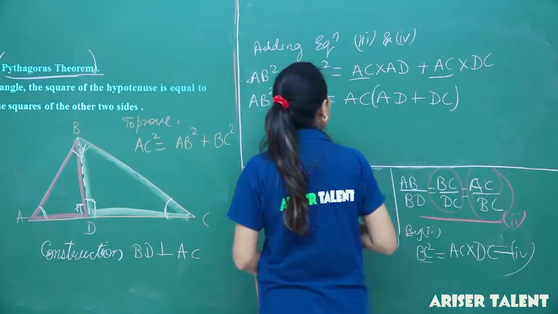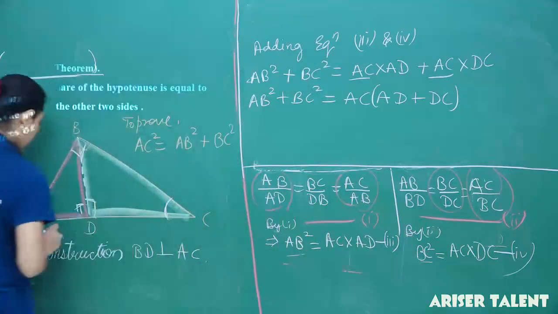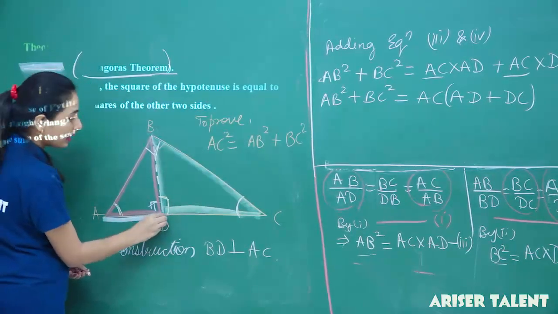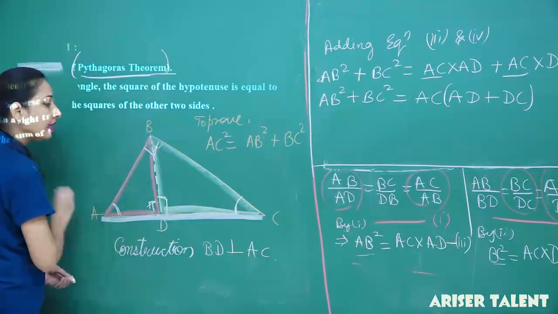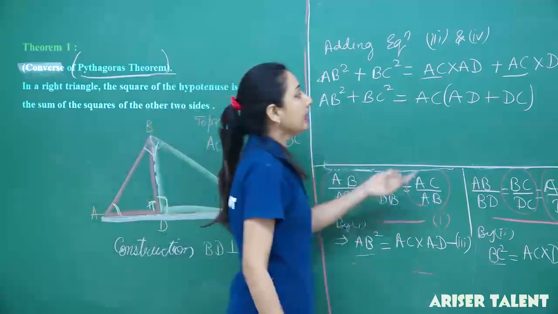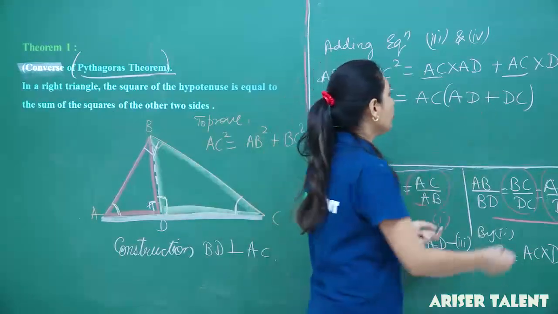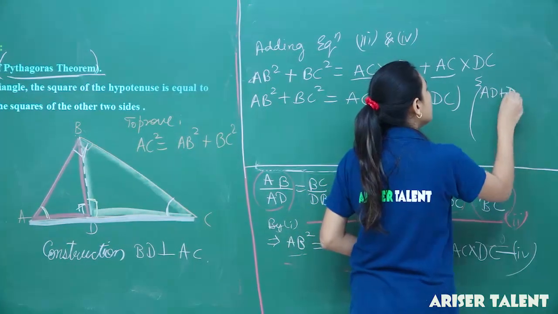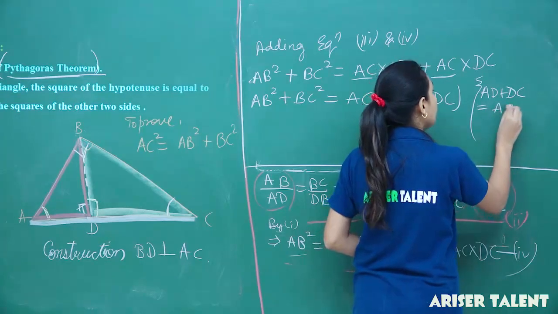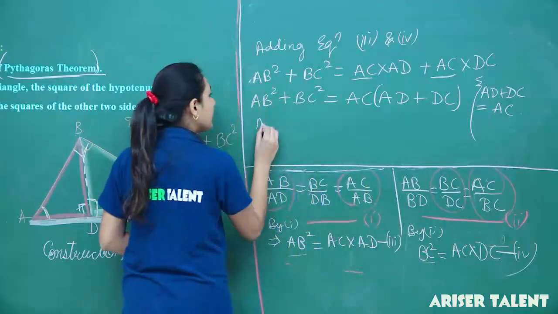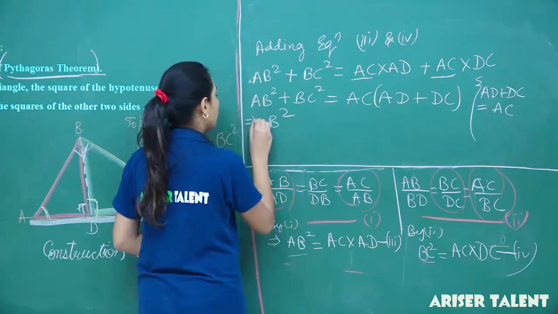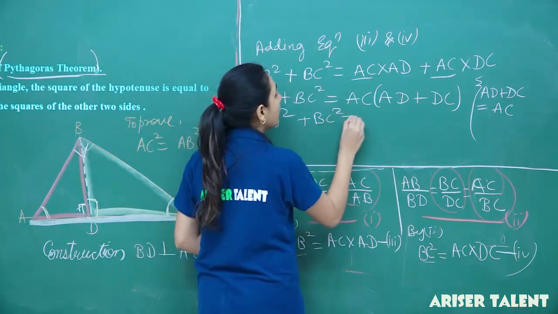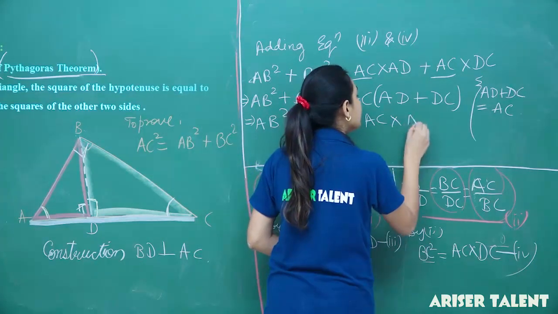Students, now tell me what is AD plus DC? It is nothing but AC. So I can write AC in the place of AD plus DC equals AC. So I will put it here and it will give me AB square plus BC square equals AC multiplied by AC.